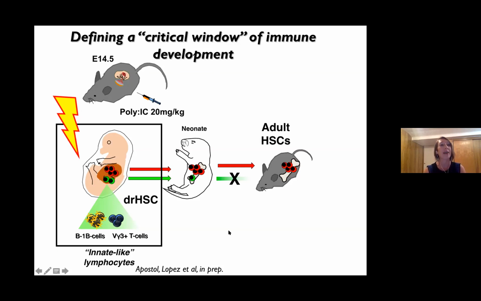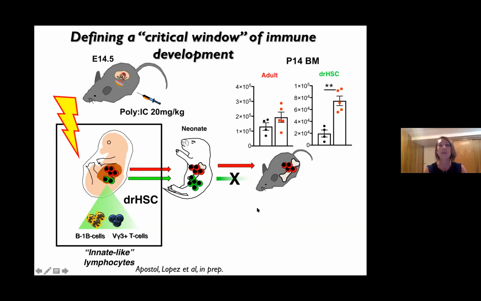It's a very mild intervention. Pups are born at normal numbers, normal size. And what we observed was that in the neonatal period, we saw a very specific expansion of our DR-HSC population, whereas our adult population was really unperturbed.